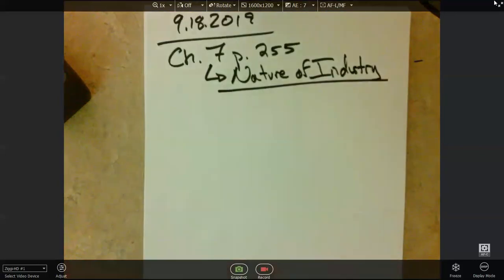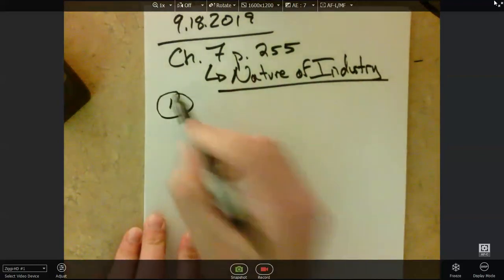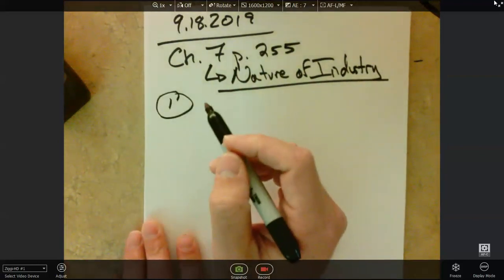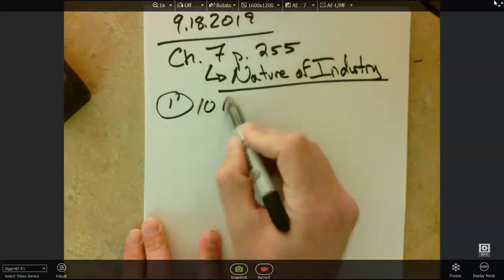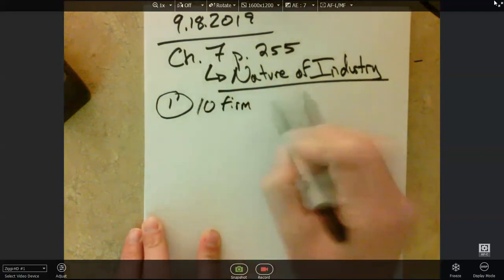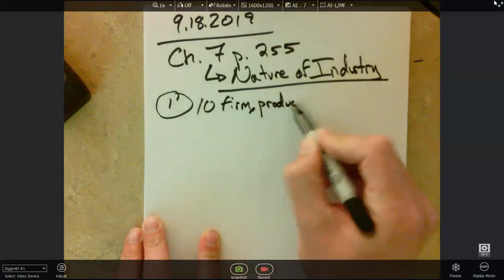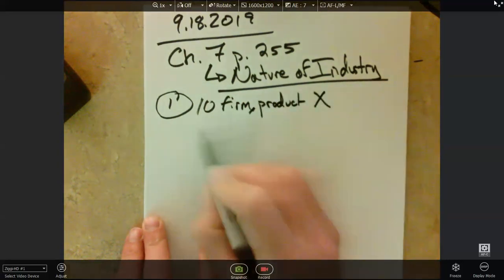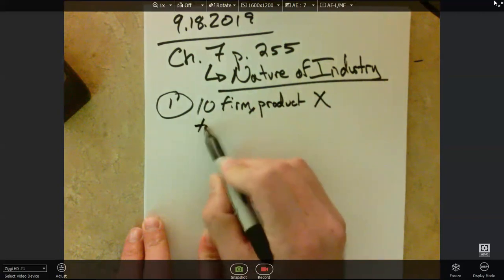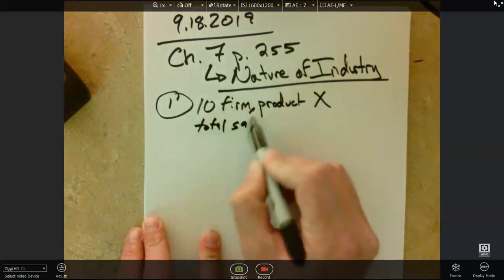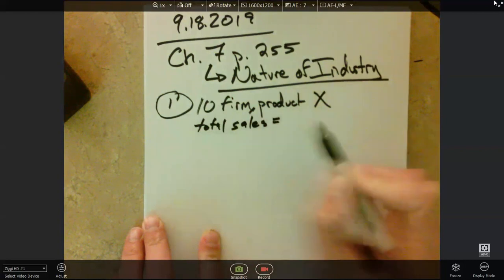All right, so let's start off with an easy one. Question number 1. We are told that there are 10 firms competing in a market to sell product X. The total sales of all firms is equal to $2 million.